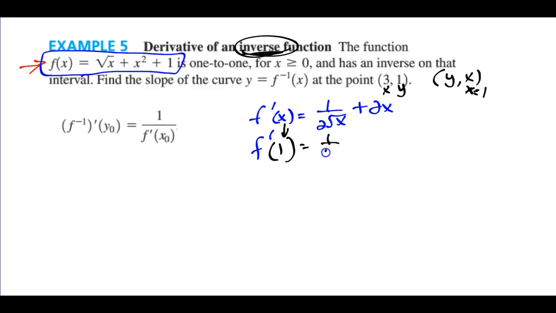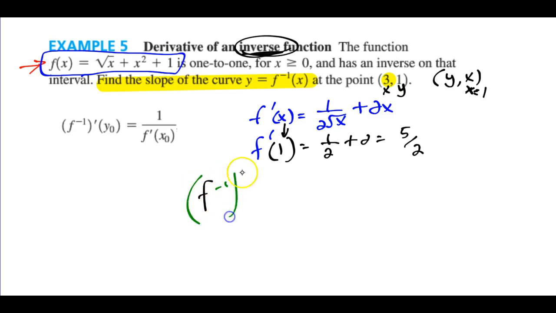But if I do that, I get 1/2 plus 2, which is 5/2. So let's see if we can make sense of this. We're trying to find the slope of the curve of the inverse function at this point. Well, the inverse function's derivative at this point 3, that's the x, according to the definition, is the same thing as 1 over the derivative f prime at 1.